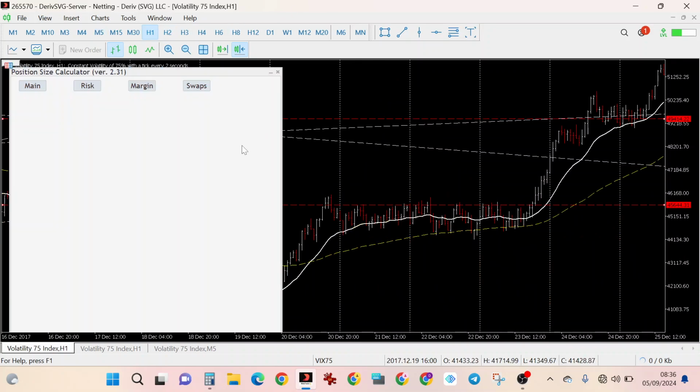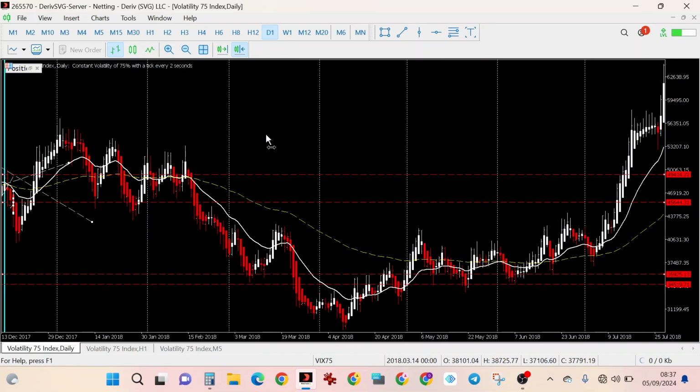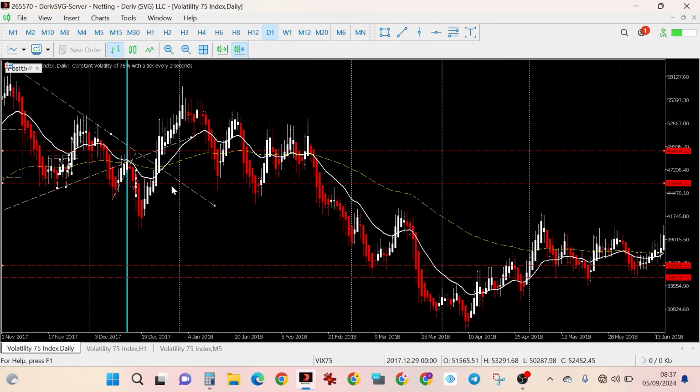Back on H1, look at the setup. The next one here, where is the target? Go to the daily to look for targets. Your target is going to be just down there, the lows down here.